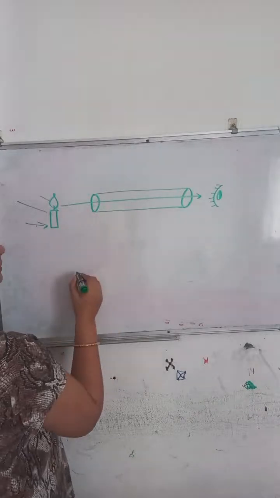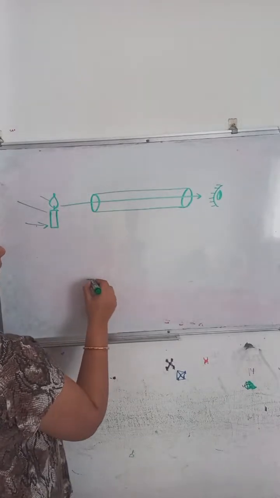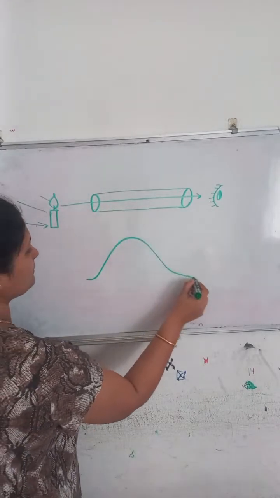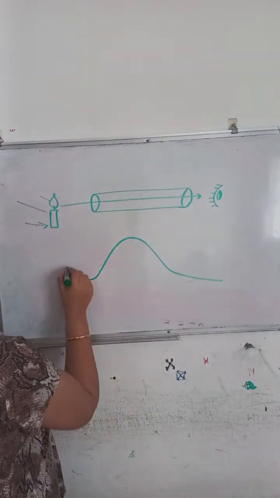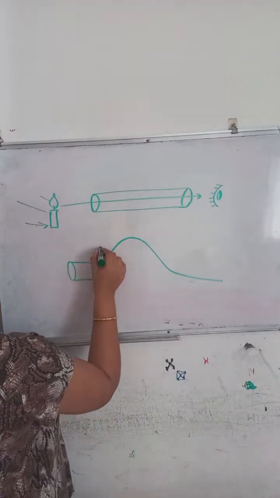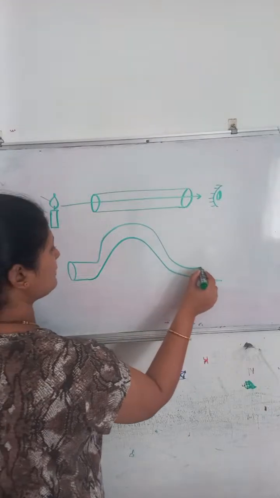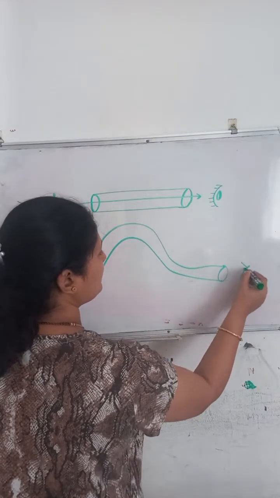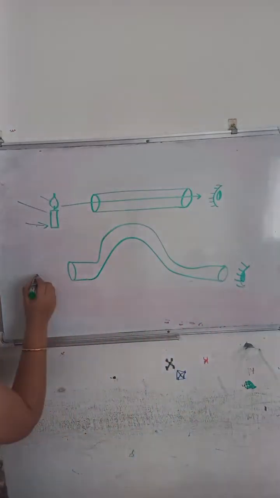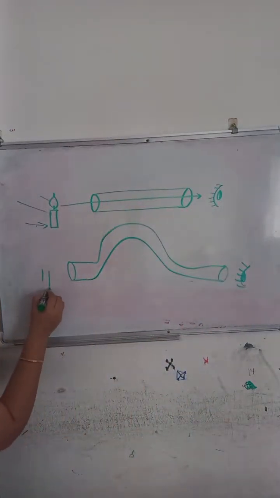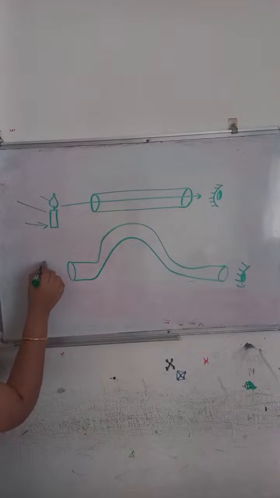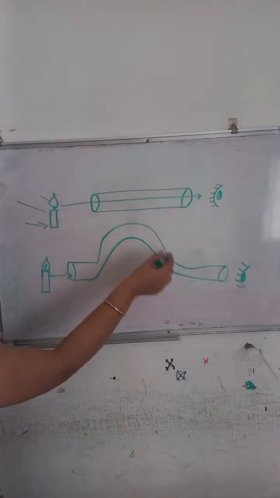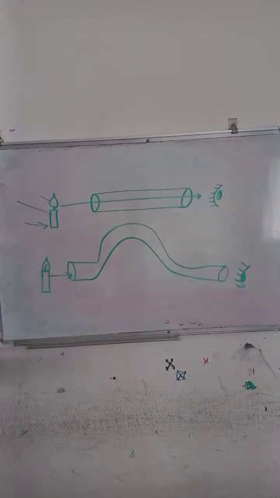Suppose this rod, I will bend it like this. Now this person is looking from here, and here I kept the flame of this candle. Can he see the flame?